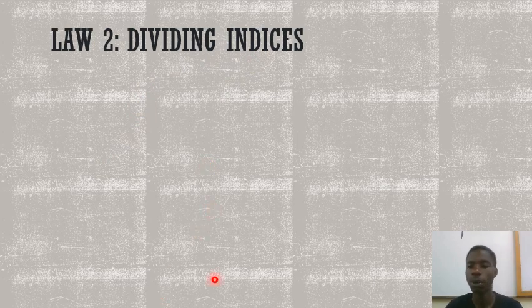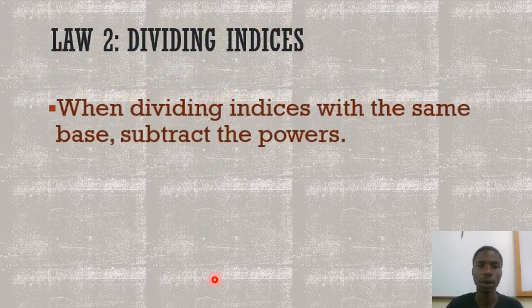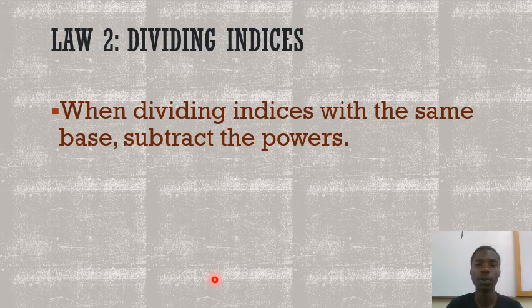What do we know more about dividing indices? When dividing indices with the same base, subtract the powers. You remember the multiplication one was addition of powers. Now, when we come to division of indices, we subtract the powers.